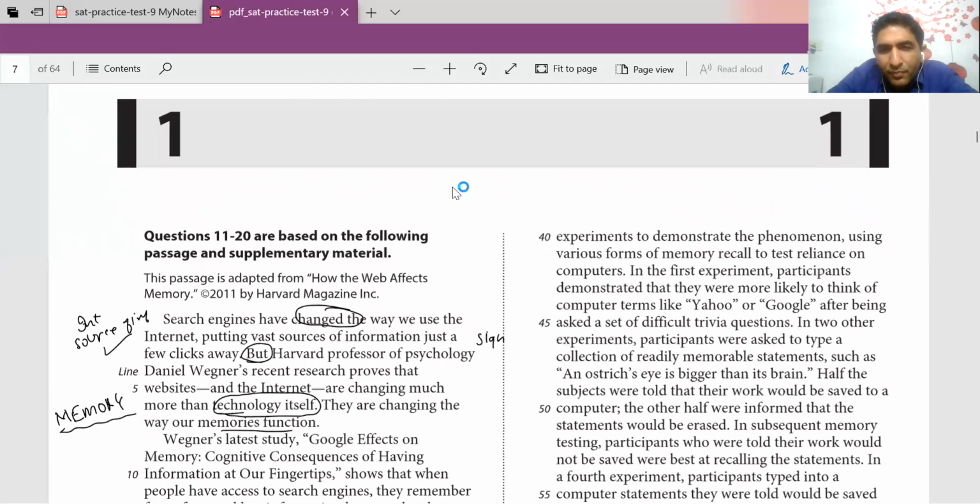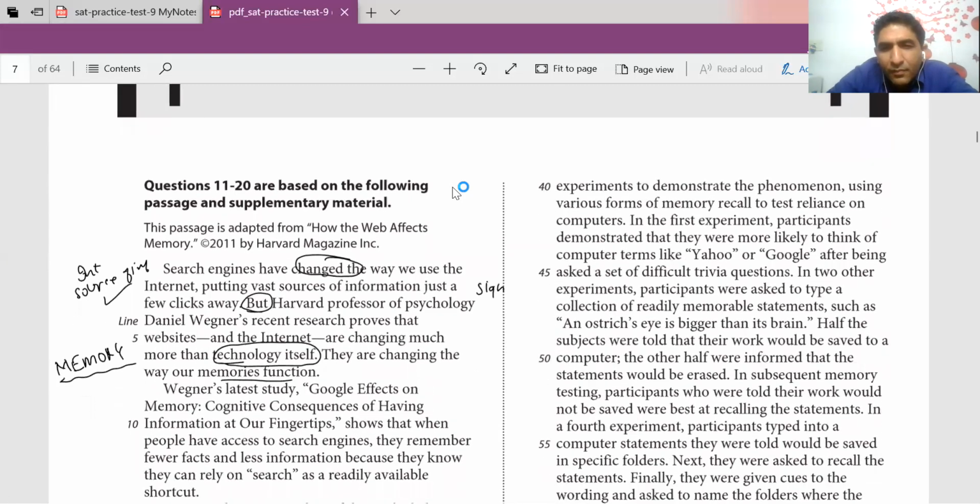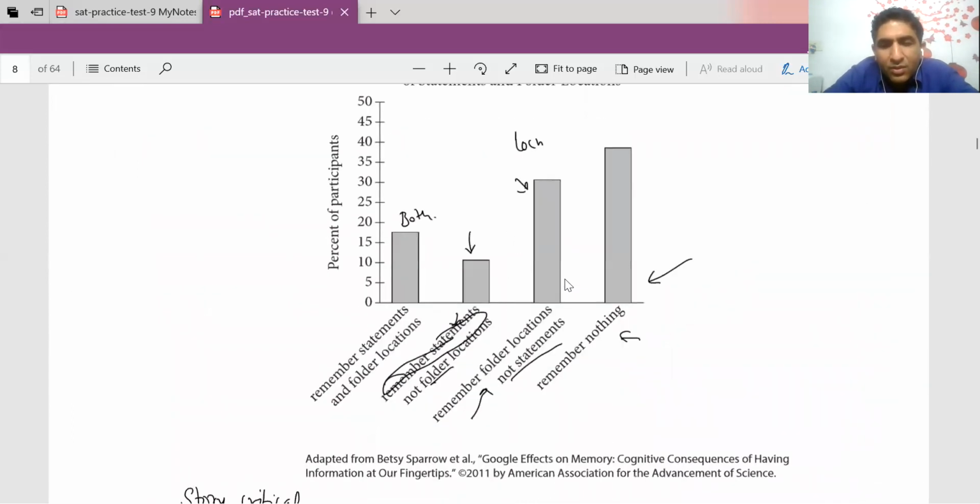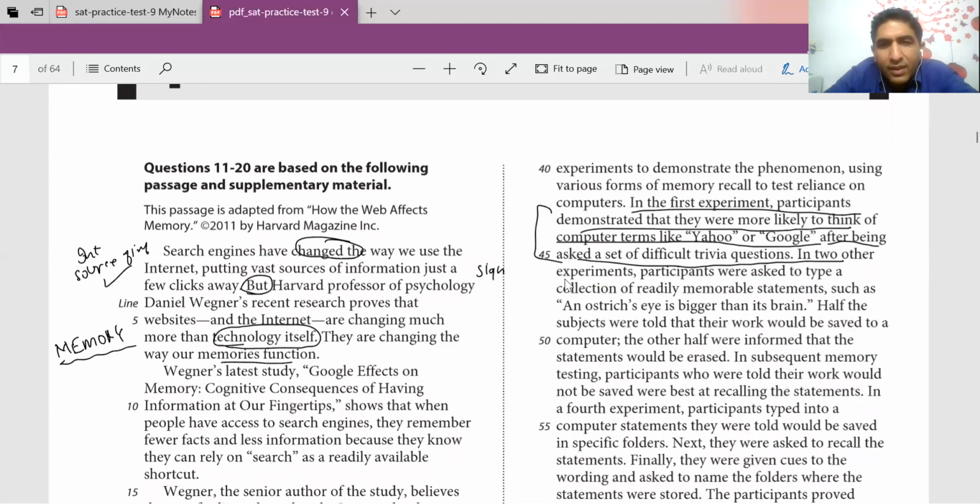So, see, here it is. After being asked a set of trivia questions, so what happens here in the experiment, participants demonstrated that they were more likely to think of computer terms like these after being asked a set of trivia questions. So when they are asked some trivia questions, rather than answering it, they tell the source. So these were lines like 42 to 45 somewhere.